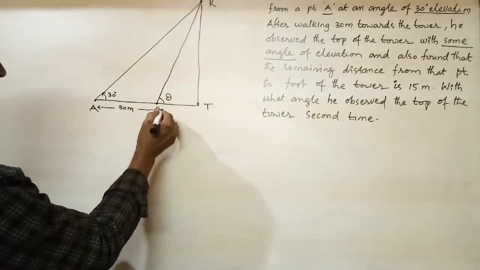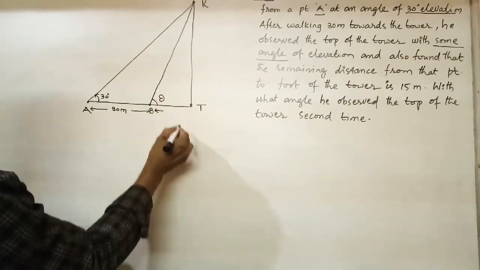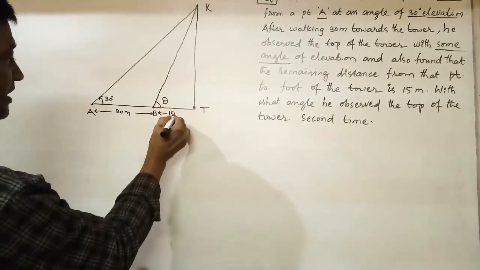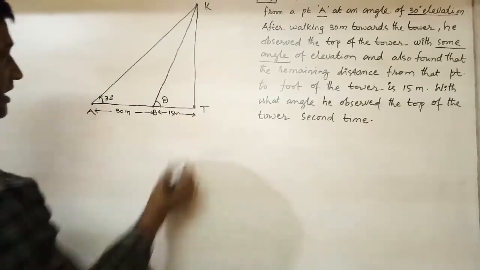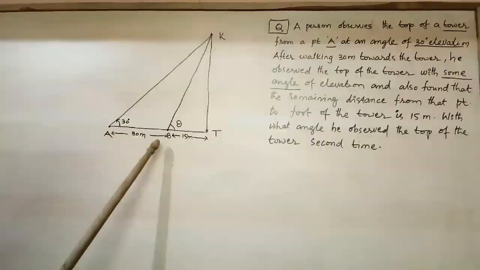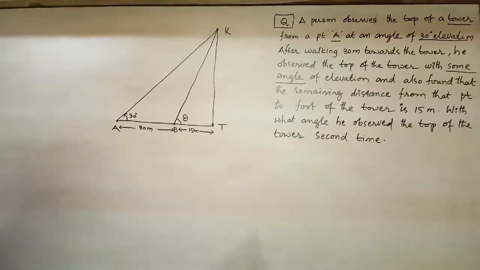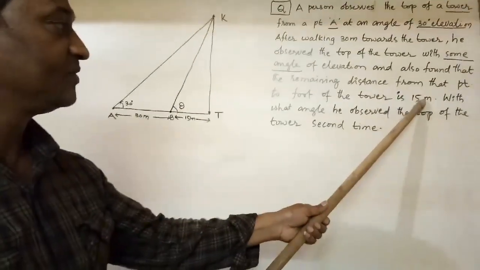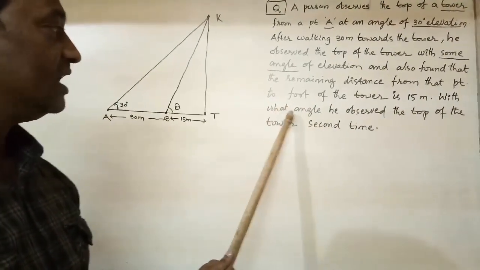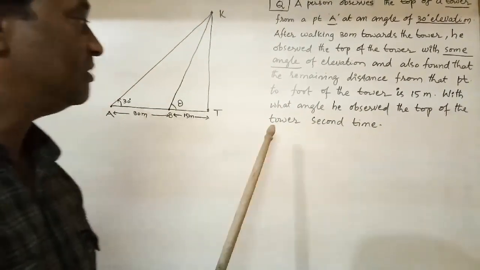He found the distance from B to the foot of the tower is 15 meters. With what angle did he observe the top of the tower the second time?